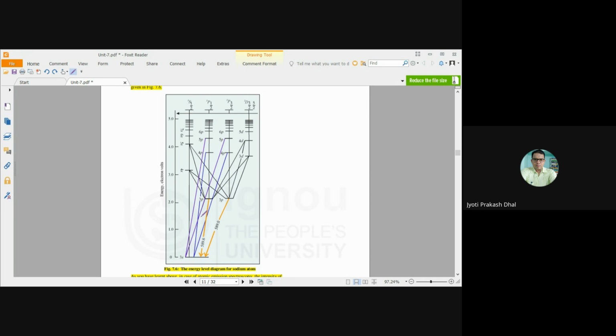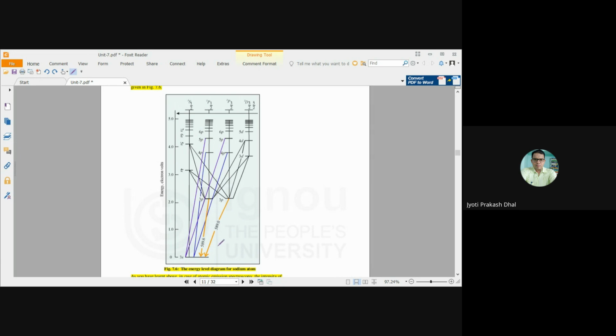The population of the transition from 3s to 3p will be maximum, because there is a higher probability of transition of an electron from the 3s energy level to the 3p energy level for most of the atoms.